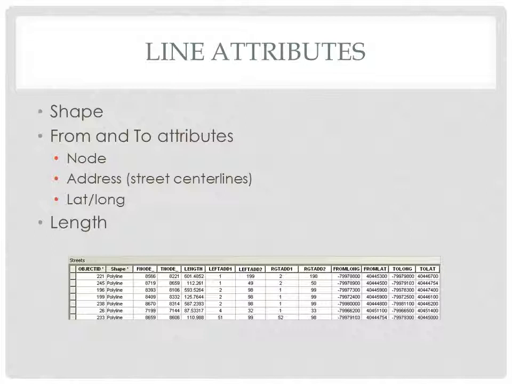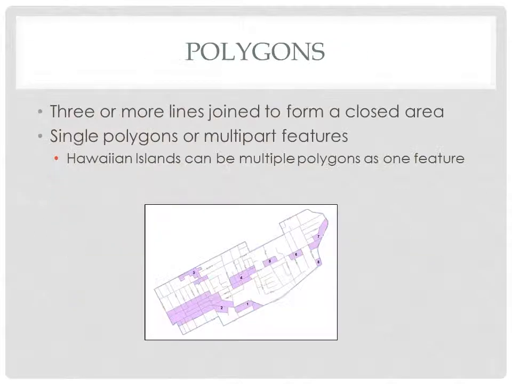It has a from and to attribute as well. You can then use that to include address information for geocoding or latitude and longitude positions, and then also include other attributes as needed. The length is calculated as well and appears in the attribute table. And the length relates only to that particular line segment.